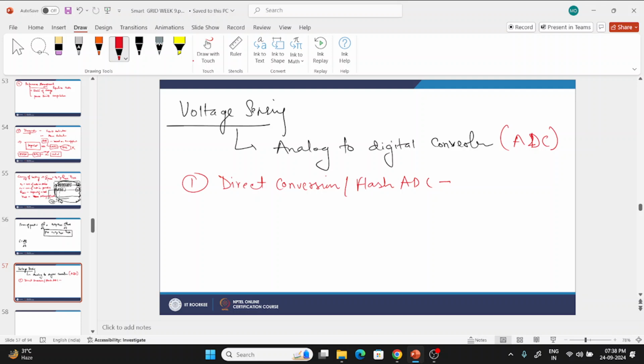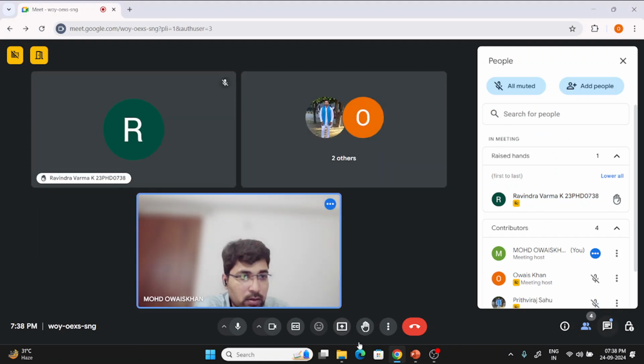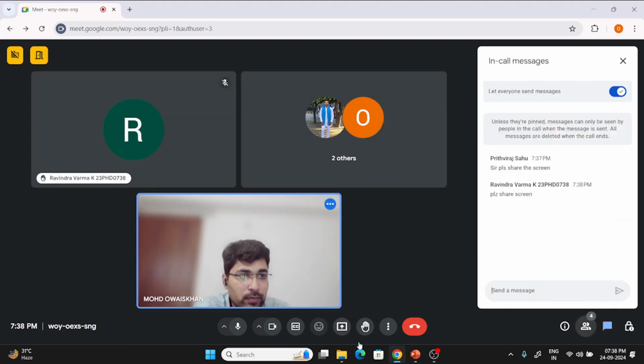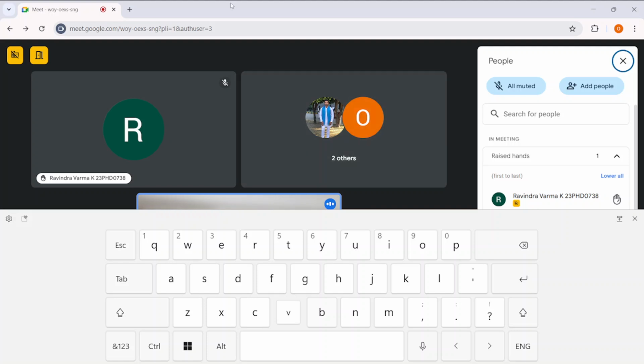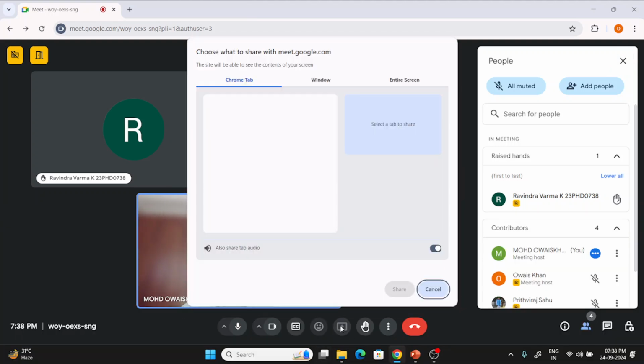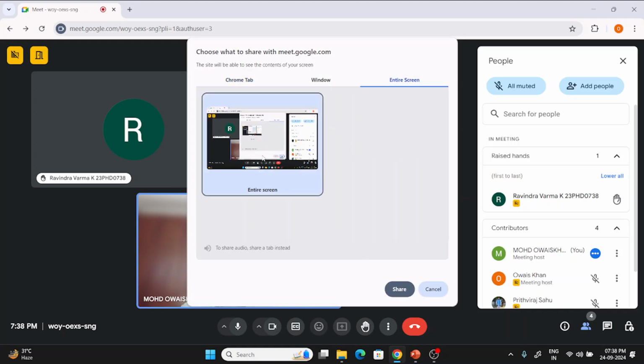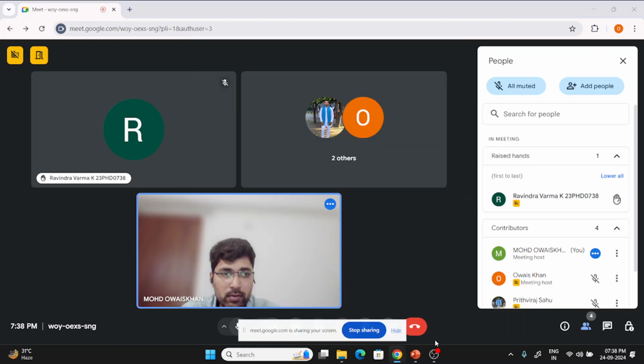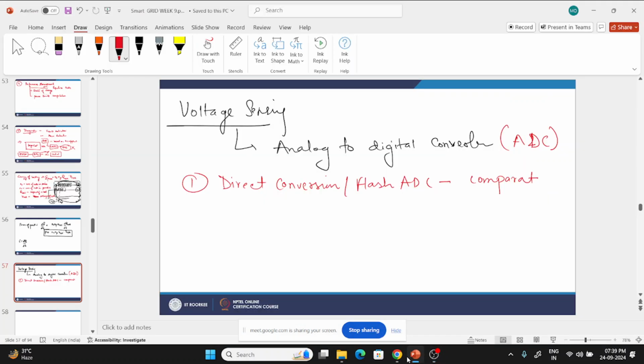It uses a comparator and a fixed reference. Okay, this is comparator.